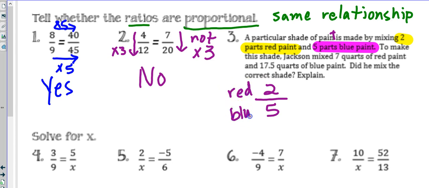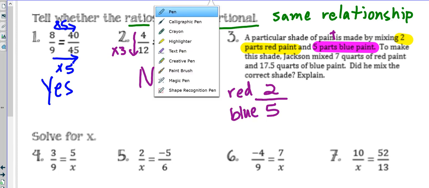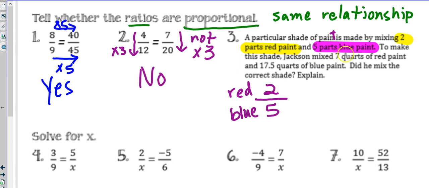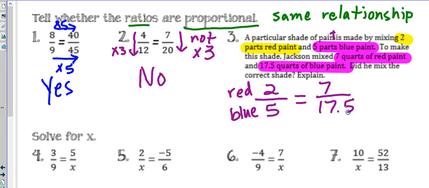We're going to find out if the ratio in what Jackson created is the same. Now we have 7 quarts red and 17.5 quarts blue, so I'm going to keep the red on top, the 7, and the 17.5 blue.